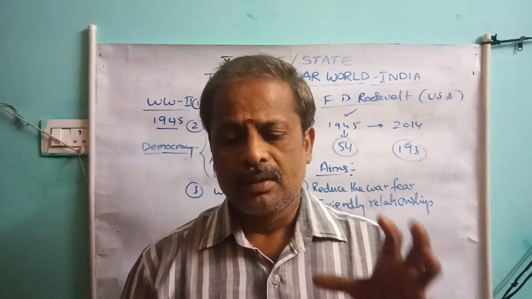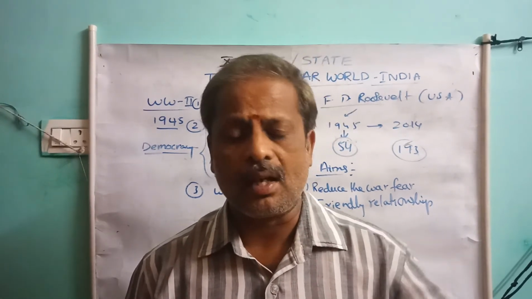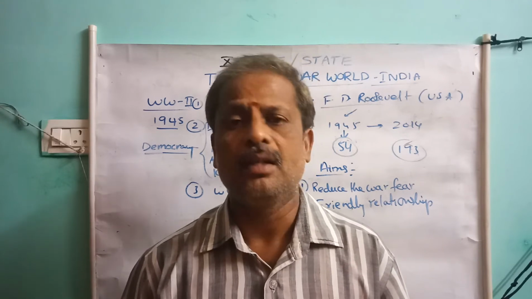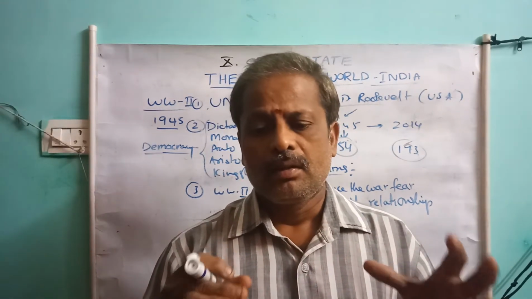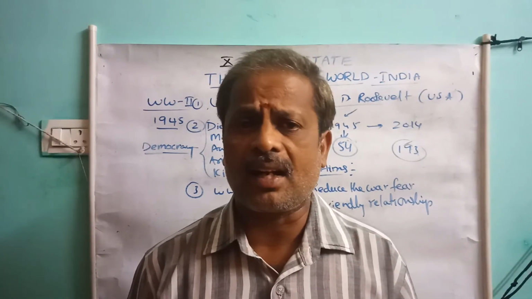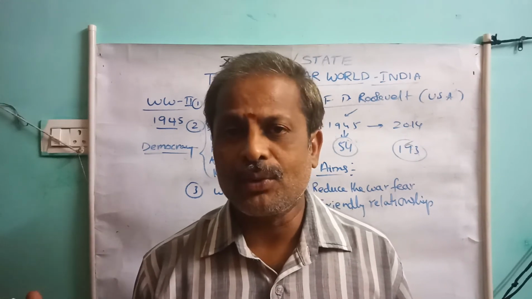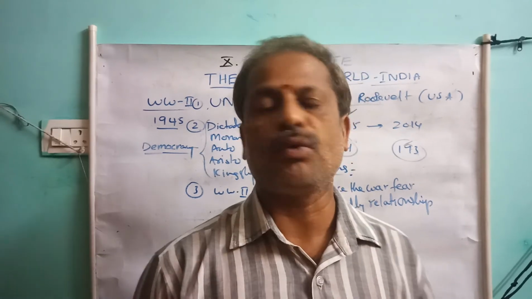It means the interference of one country in others and the unnecessary occupation of one country by others is not recommended by UNO. That's why UNO is saying: on one side, every country has to protect its integral territorial areas; on the other side, they have to continue their friendly relationships with neighboring countries and other countries in the world.